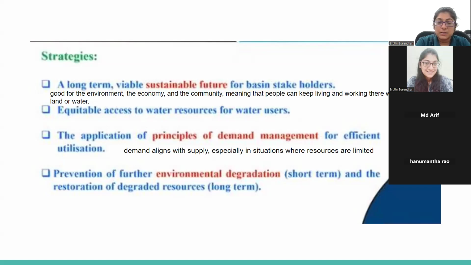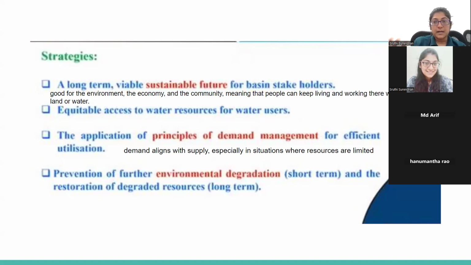Principles of demand management is nothing but whether there is sufficient supply of the resource according to the requirement or demand, and aligning these two factors, aligning the demand with the supply, is the basis of principles of demand management.